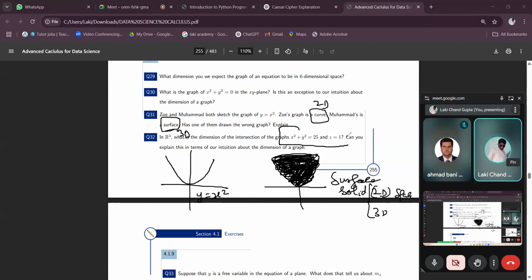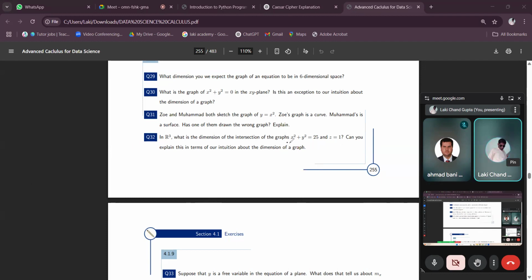How can you draw this? This is actually a circle on the XY axis, a circle of radius 5 and z is equal to 1. Z is equal to 1 means a height of distance 1.